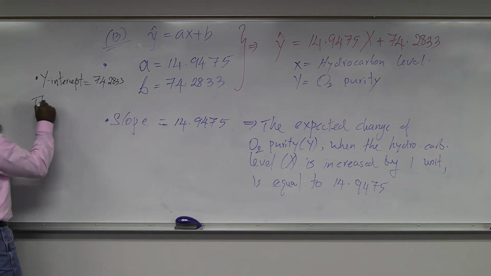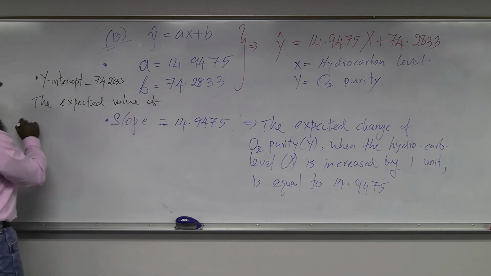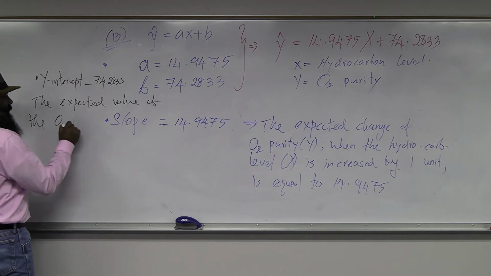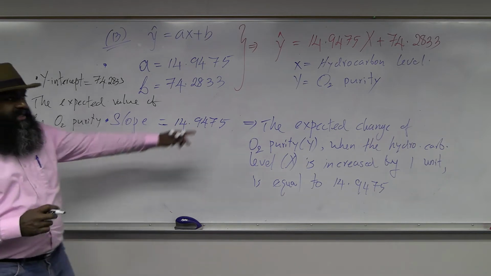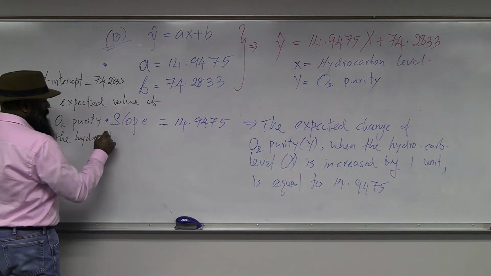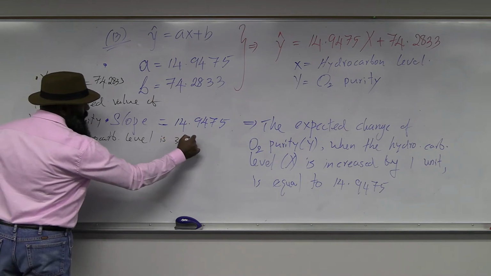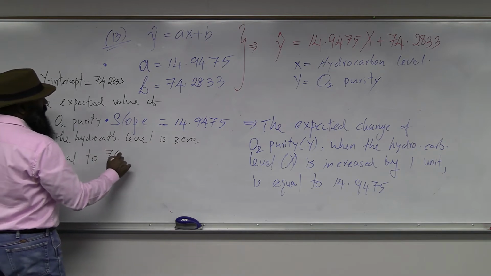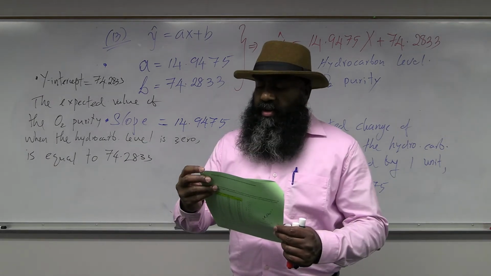The expected value of the response variable, oxygen purity, when the explanatory variable, hydrocarbon level, is 0, is equal to 74.2833. That's all. Let's move on to the next page.